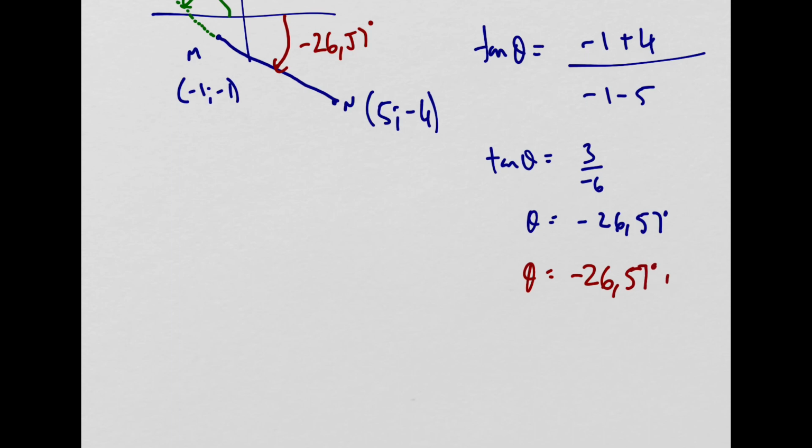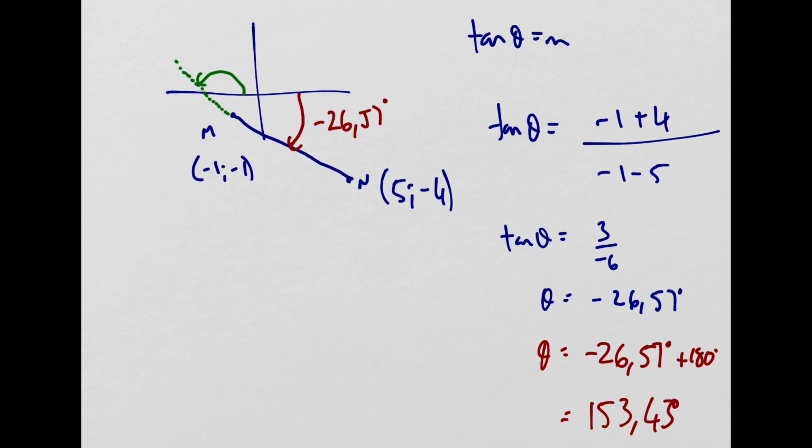And we know we add 180 because the angle's negative. And we get an angle size once we add 180 of 153 degrees, 43. Okay, and if you look back at the diagram, that makes sense, that this angle would be 153 degrees, 43.